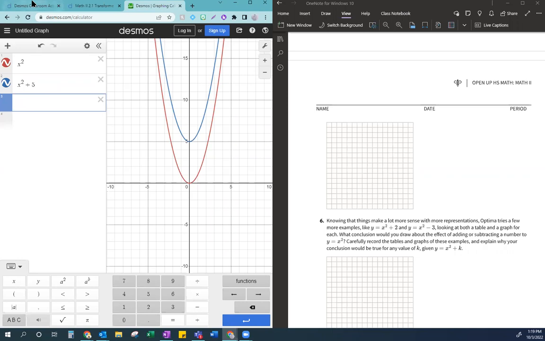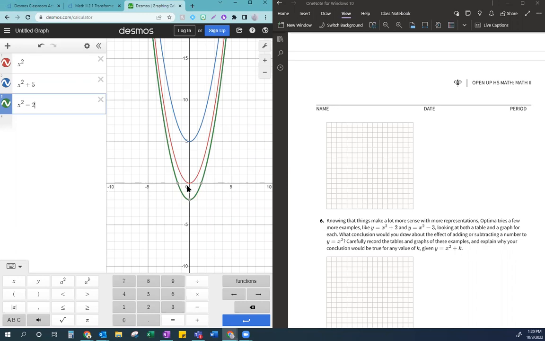So this is what I was asking you guys about. If I change it, did I say -2? I think I said -2. Yeah, look. Oh, that's what you guys said. You said it would go down. It would shift down. That word shift is really powerful, by the way. Shift means when I shift things, the shape stays the same.